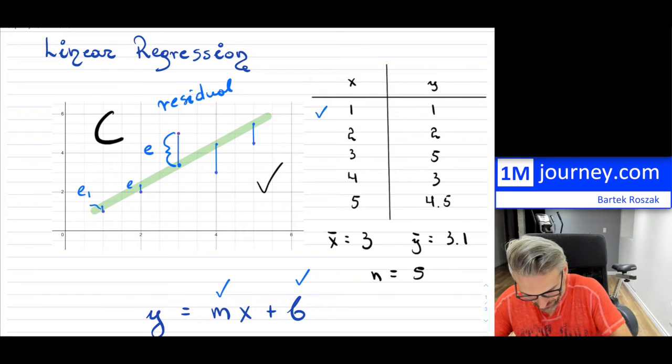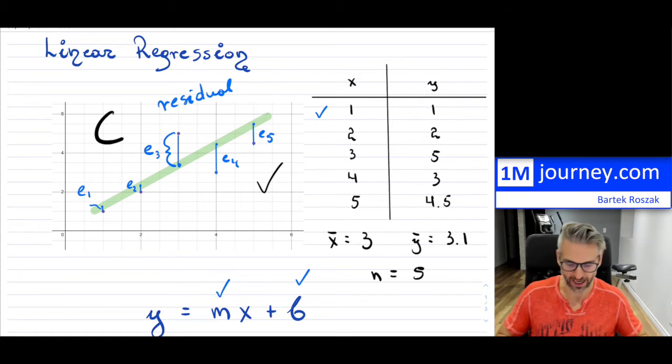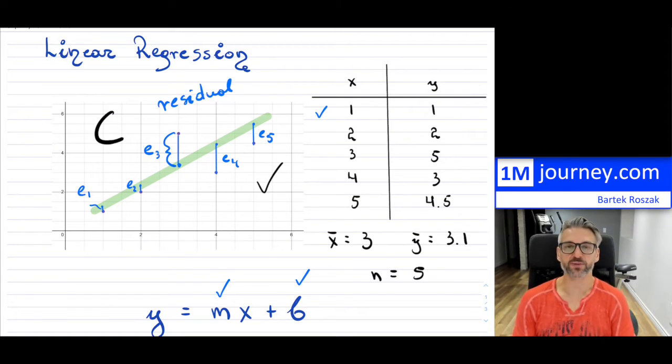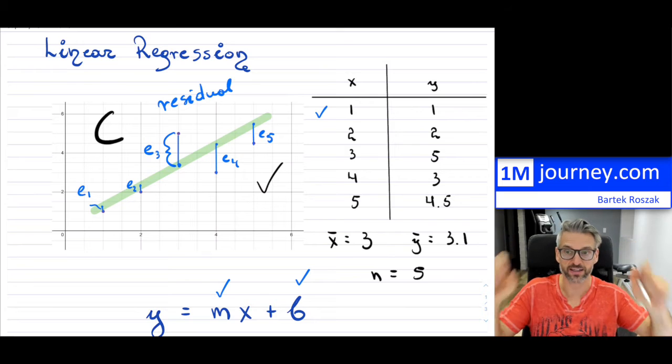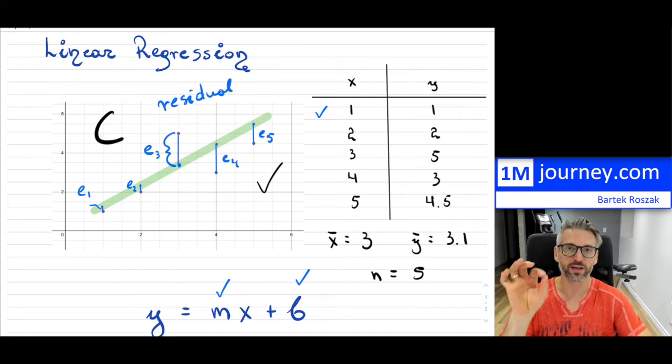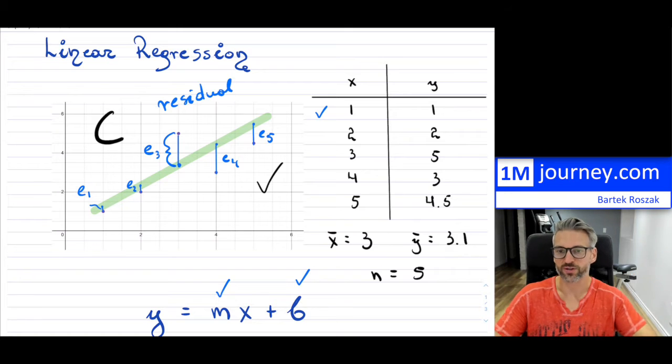This would have been, let's say, residual value number 2, number 3, number 4, number 5. So you're going to have as many of those values. Now that is important to know. So I labeled it as an E, just reminding us that it's an error. R I don't want to use because the linear correlation coefficient is designated by R. So I just put E, which I like because it refers to an error in between.